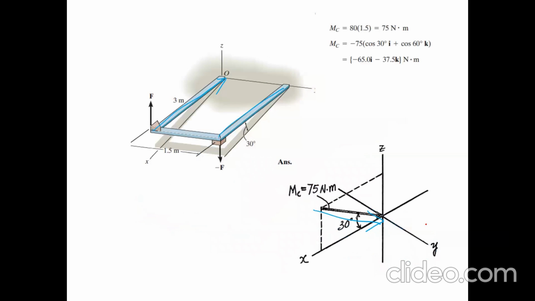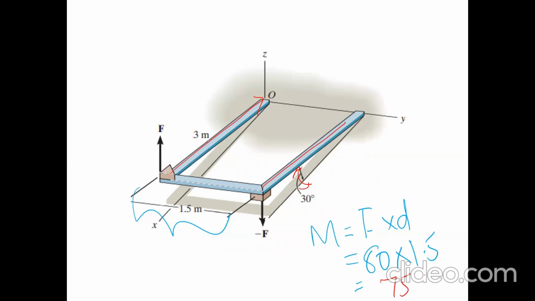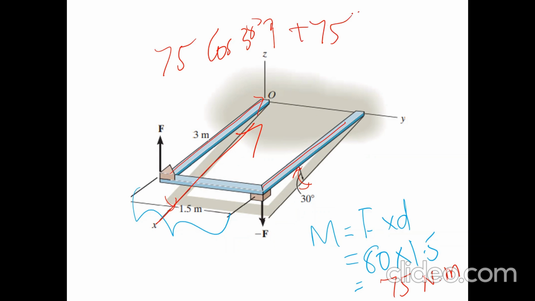So I know the magnitude of my moment, that's 75 Newton meter. I can get the x component of that by getting the cos 30. So if I get the cos 30 as the x component, I can get the sin 30 to get my k component.